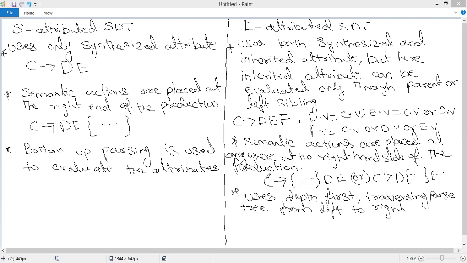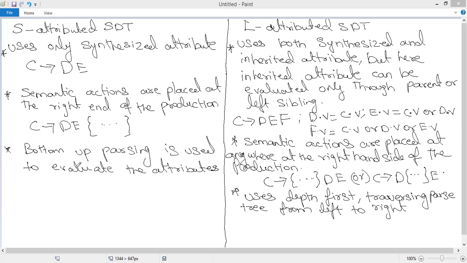For example, C tends to, with the semantic action placed immediately first on the right hand side, followed by D and E, or C tends to D, with the semantic rules in between, and after that E is mentioned. So this is another difference between S attributed SDT and L attributed SDT.